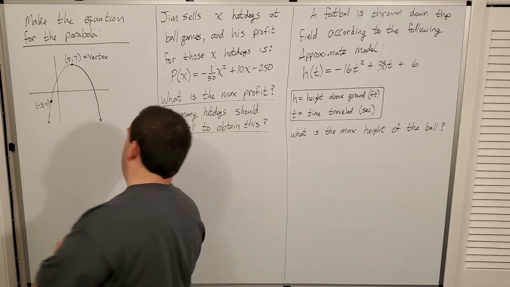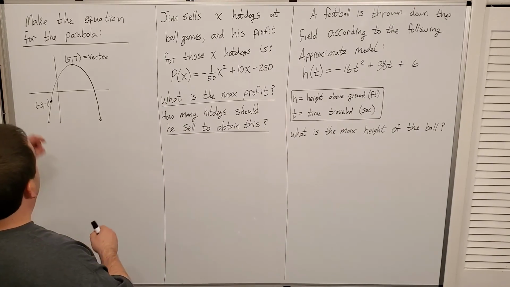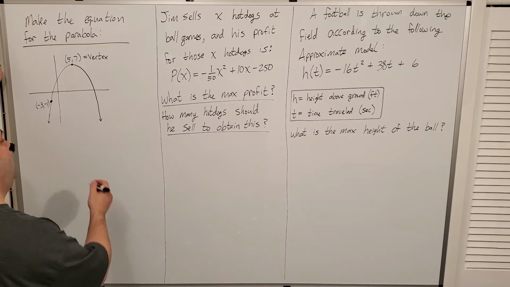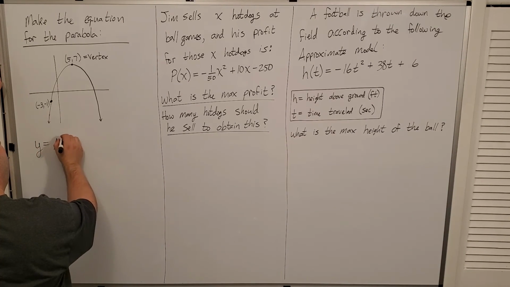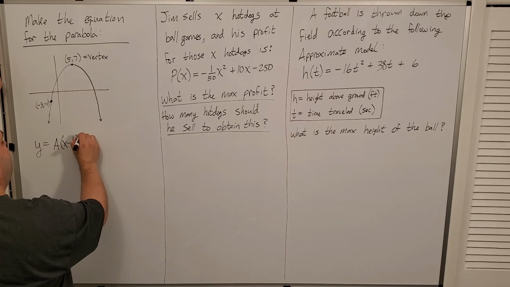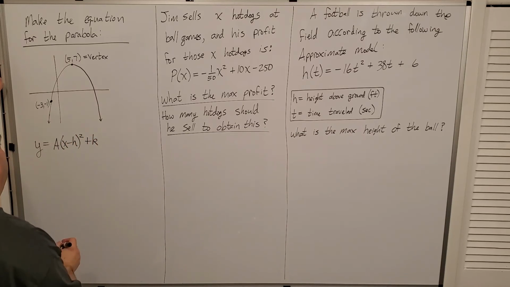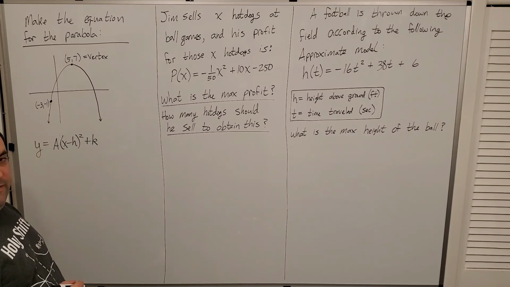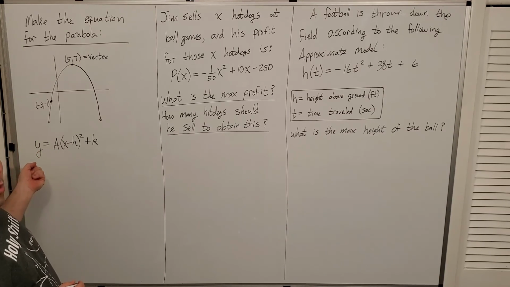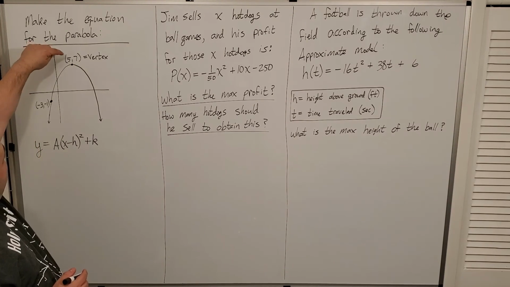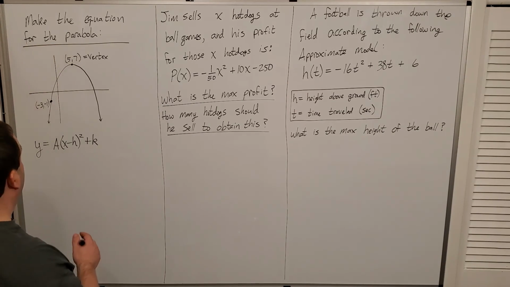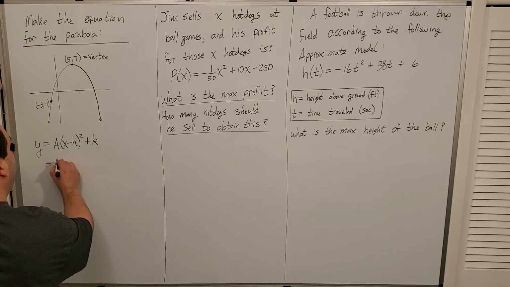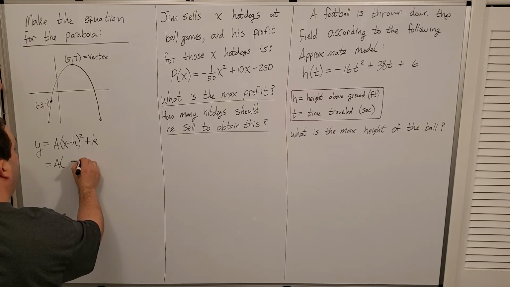Okay? So I'm going to use the vertex form of the equation. y equals a times x minus h squared plus k. I'm using y instead of f of x because I need to actually plug in a y value. Now don't forget, we already know h and k, 5 and 7. So I already know this much.